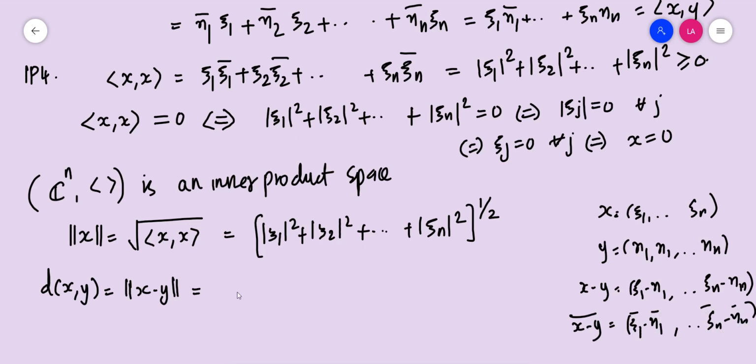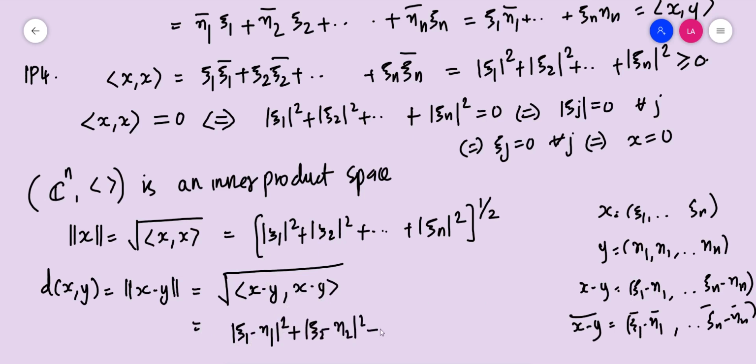So this should be equal to square root of inner product x minus y, which by definition should be equal to modulus of theta 1 minus eta 1 the whole square plus modulus of theta 2 minus eta 2 the whole square plus etc. modulus of theta n minus eta n the whole square, the whole raised to 1 by 2, which is actually d of xy.